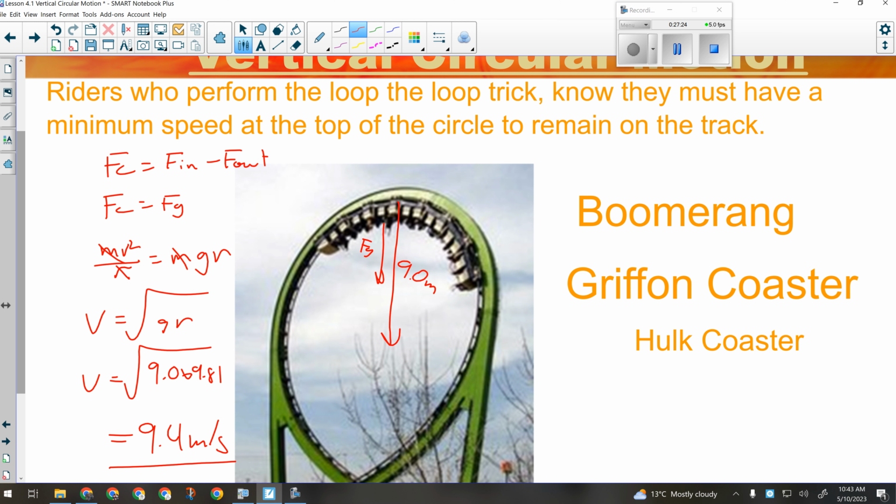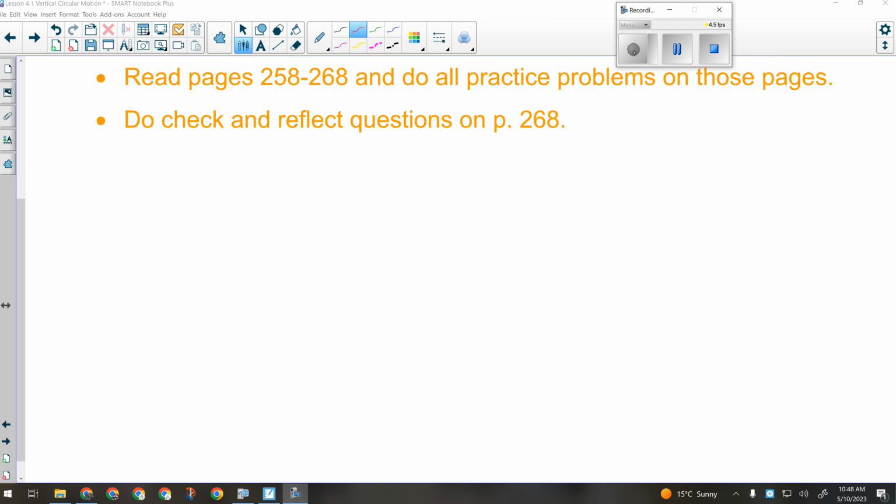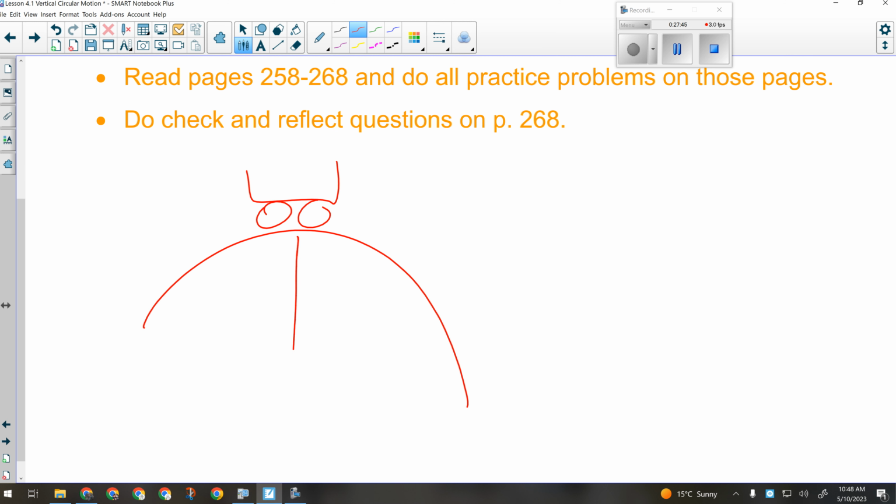Now, some roller coasters obviously take advantage of this. If they've got a vertical loop like this, or even an Immelman, which is kind of a spiraled loop, they're still going to have the same forces acting in there. So I'll show you a couple of those here. Lighter as I go over the top. So if I'm in this situation, then gravity pulls down, normal force pushes up, but if I go fast enough over the top, I'll feel what?